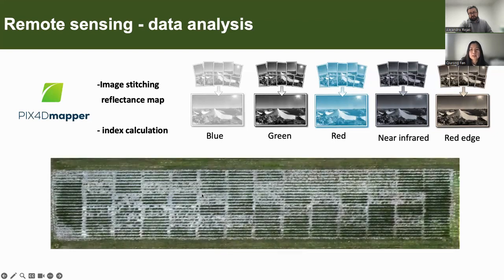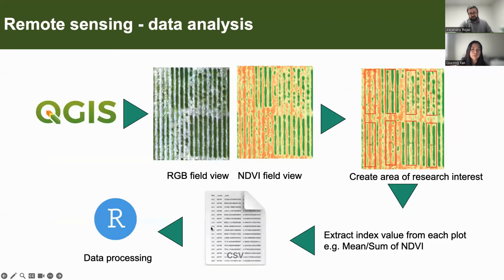When we stack the blue, red, and green channels, it resembles the field we can see with our eyes, just like this. And with the reflectance map that contains information in different bands, we can continue using the software I mentioned in the last slide, or some other geographical information system applications, to compute the index corresponding to the relative traits using the formulas.